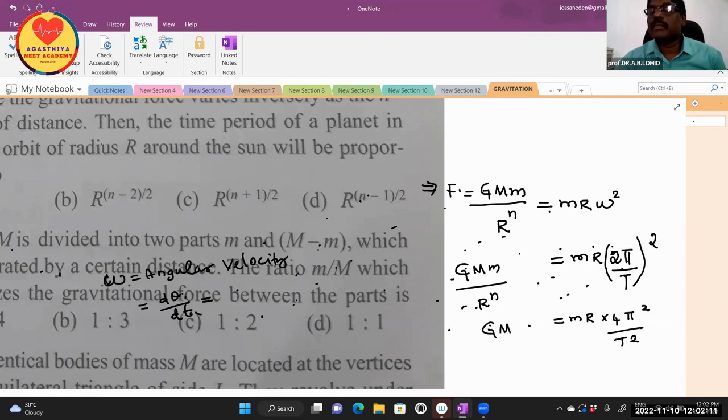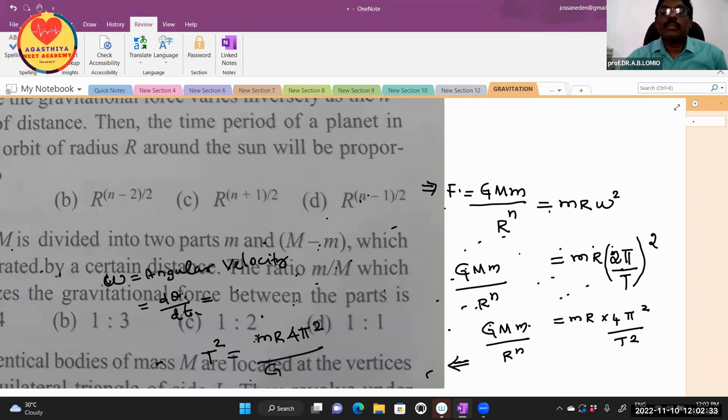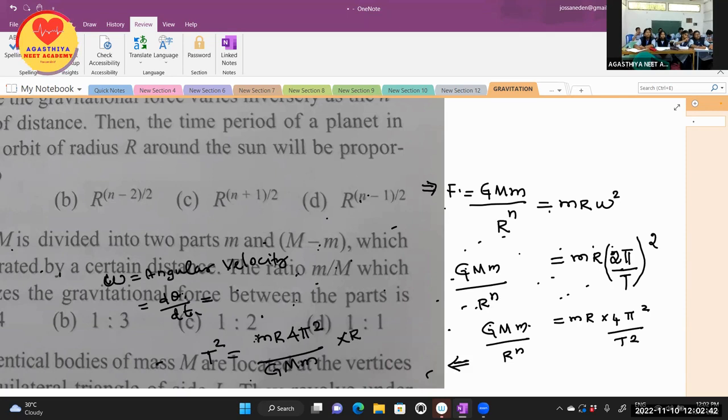This side, capital G capital M small m divided by r power n. Now let us relate r power n and the time. T squared can be written as m r 4 pi squared divided by capital G, capital M, small m, into r power n.